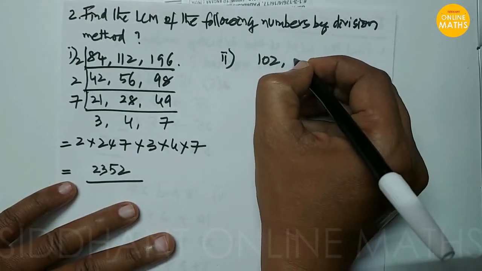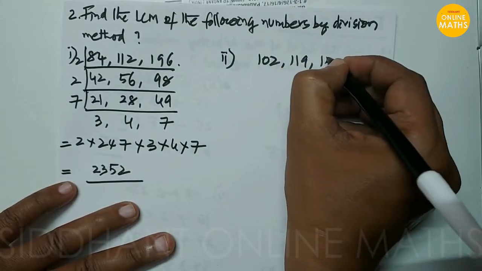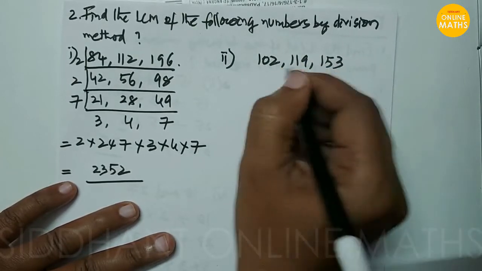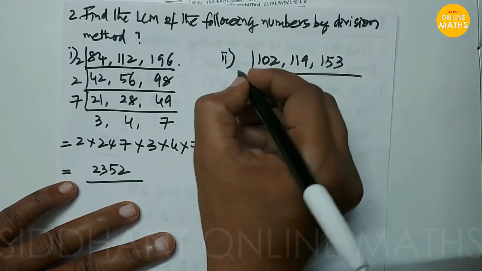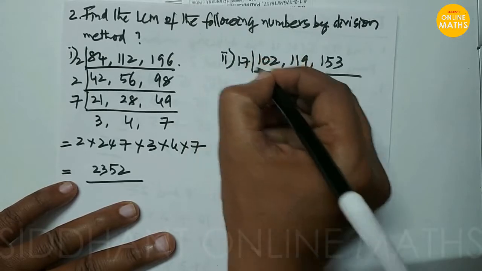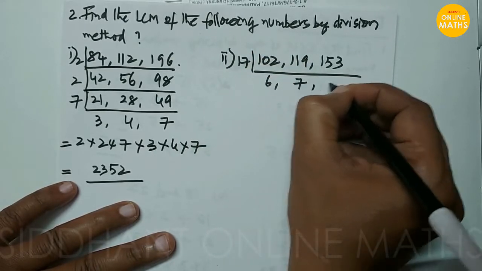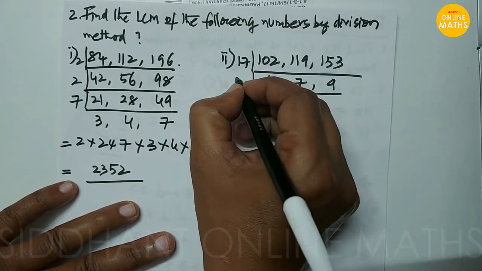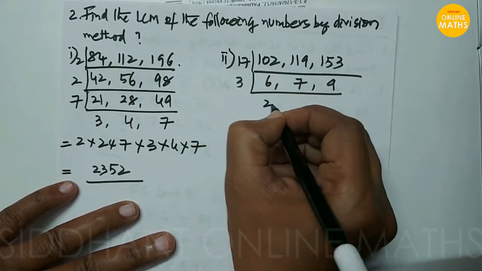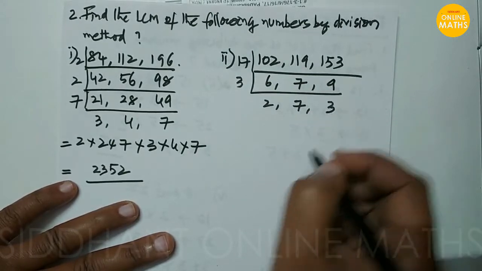Next, second question: 102, 119, 153. So here we divide it by 17, we get 6, 7, 9. Again we divide it by 3, it goes to 2, 7, 3.